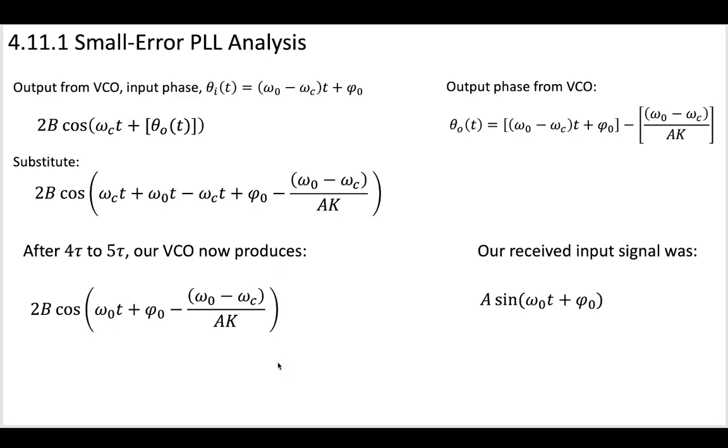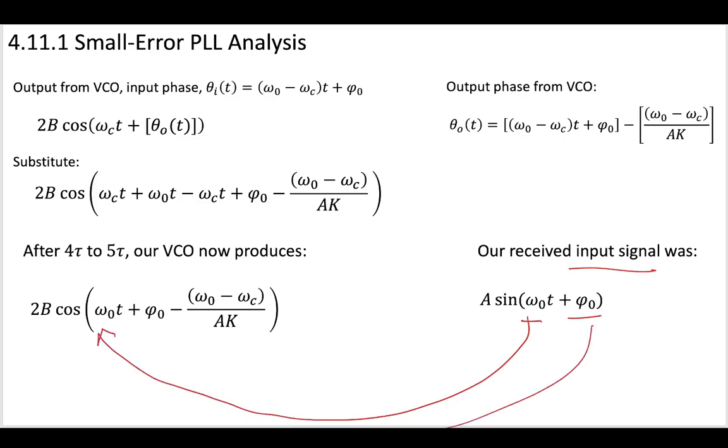And we remember that our received input signal was omega 0 and phi 0. And so we can see that our output VCO was able to get very close here and here, and it just has this amount of error that was remaining.